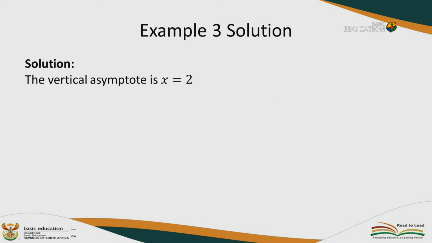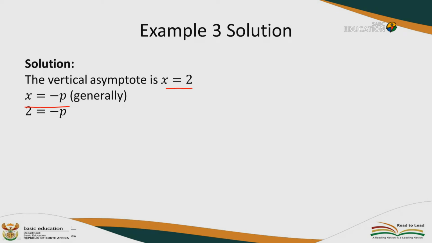Now the vertical asymptote, as we said, is x equal to -2. So we should remember that generally the vertical asymptote is given by x equal -P.